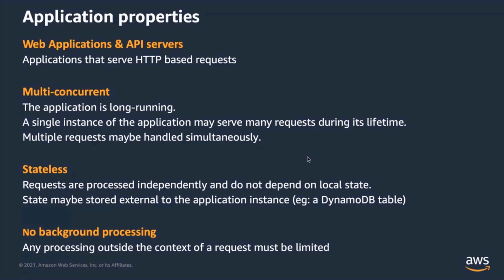And finally, background processing should be limited to little or nothing. And by background processing, I mean any processing that happens outside the context of a request. So any offline processing should be avoided. And we'll talk about why these properties are important as we go through the content here.